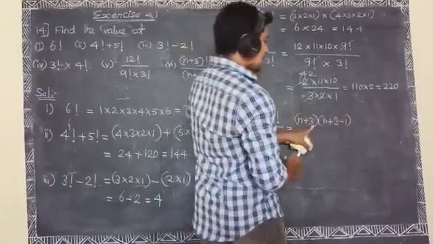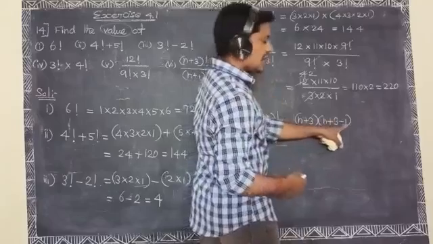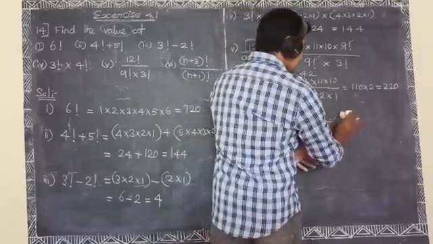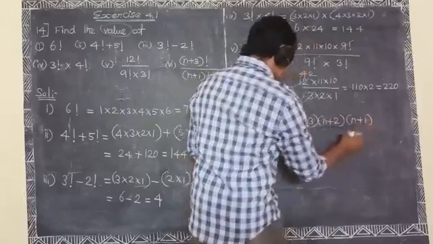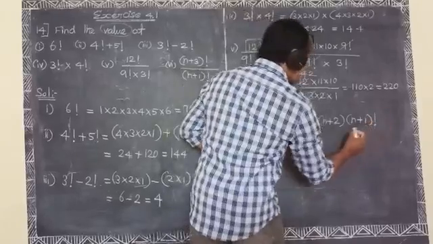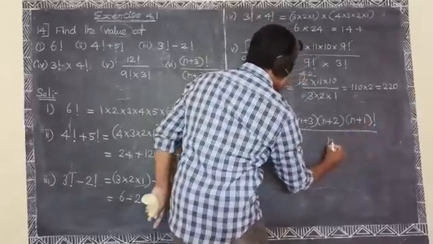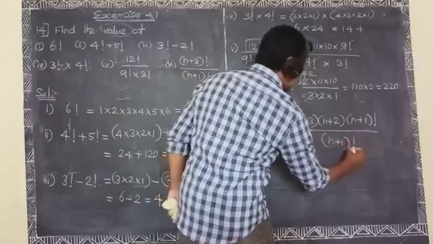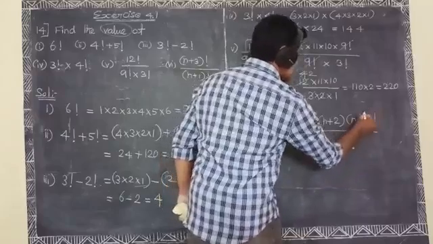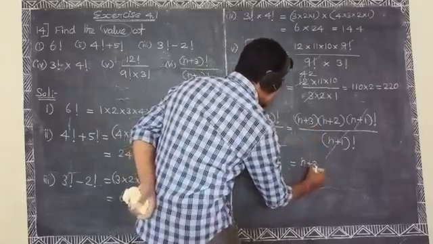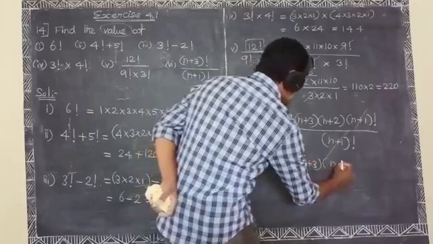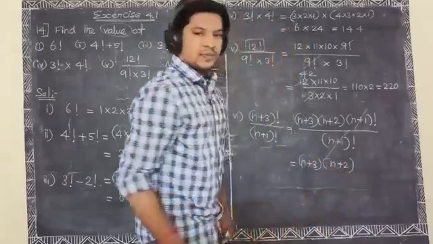Okay, n plus 3 minus 1 means n plus 2, into n plus 1 factorial, okay. Then the denominator is n plus 1 factorial. N plus 1 factorial are cancelled. Then the remaining is n plus 3 into n plus 2, okay.